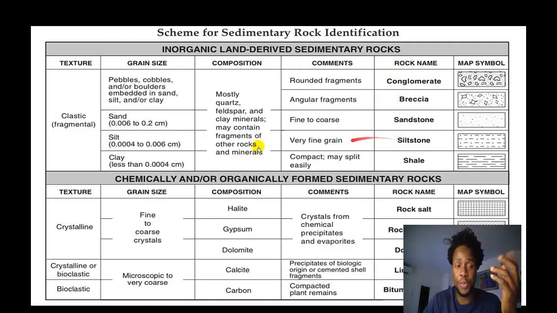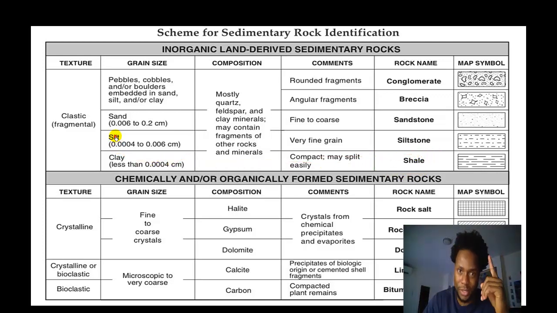For example, when clay is collected and accumulated over a long period of time, clay has the particle size less than 0.0004 centimeter. When clay is deposited and compacted and cemented and buried, you produce shale.